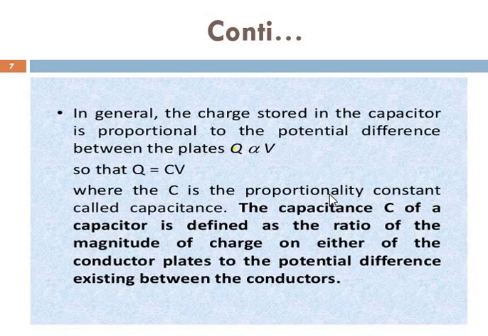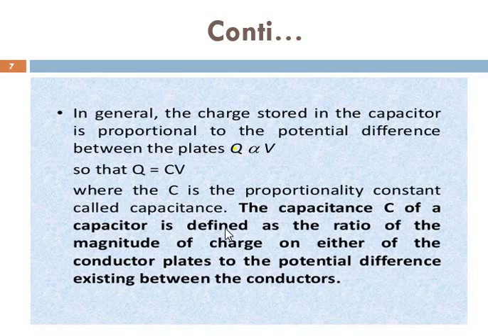Here we can see that the charge stored in the capacitor is directly proportional to the potential difference between the plates. That is, Q is directly proportional to V. To change the proportionality into an equality, we multiply by some constant, which is C. So Q is equal to CV, where C is the proportionality constant, which is called capacitance.